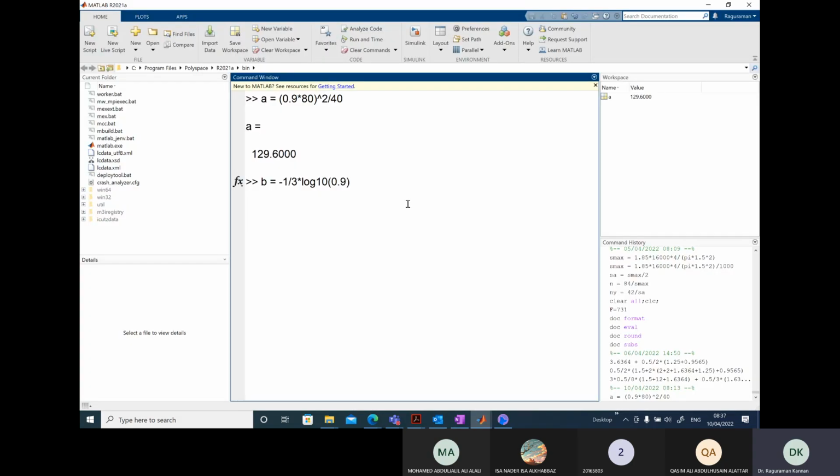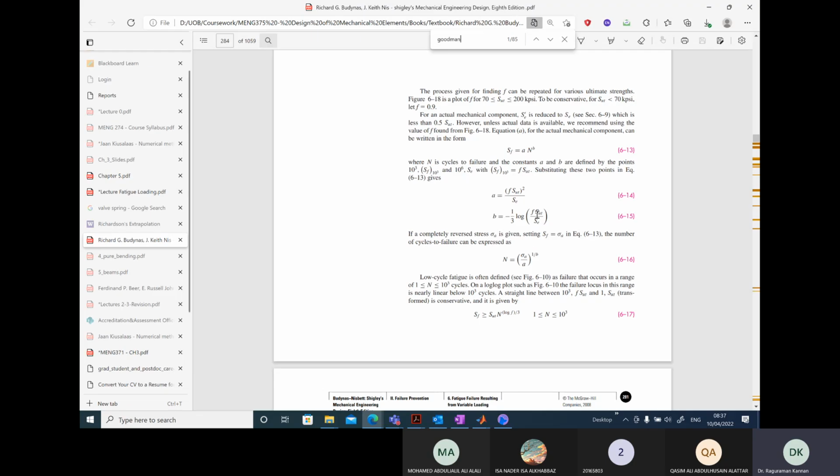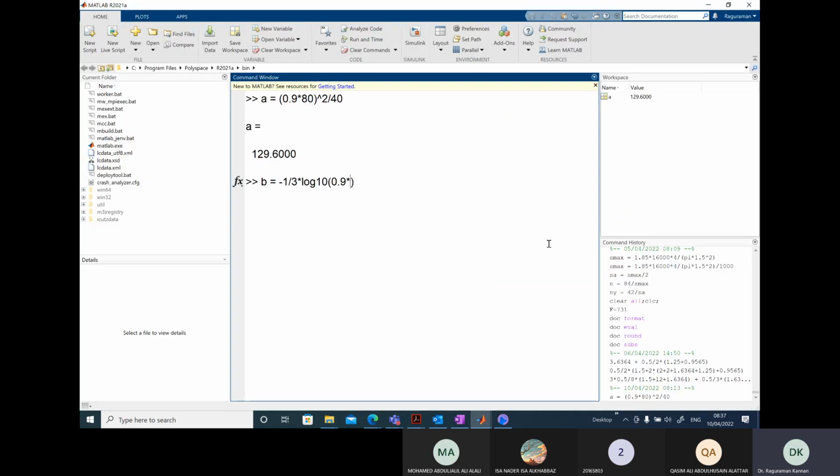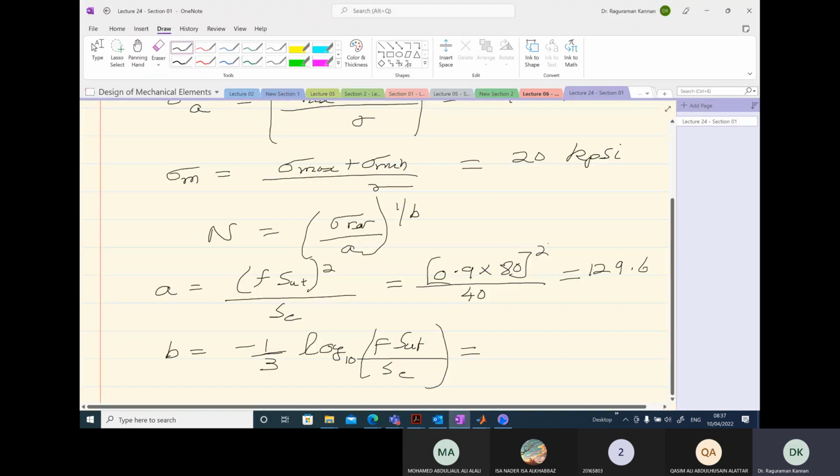Let's write down the values before proceeding. 0.9 times S_UT. S_UT is 80 and S_E value is 40.